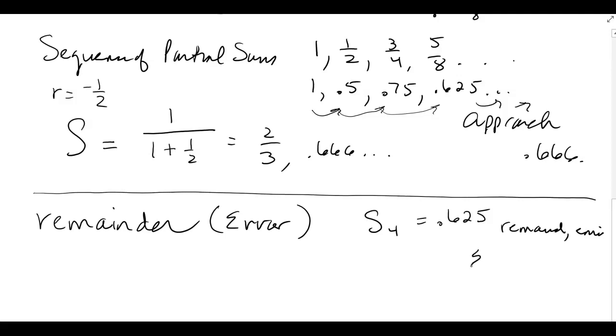It would be the summation of everything from 5 to n. It's everything that comes after that added together.